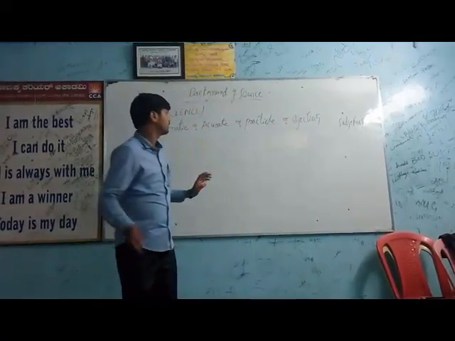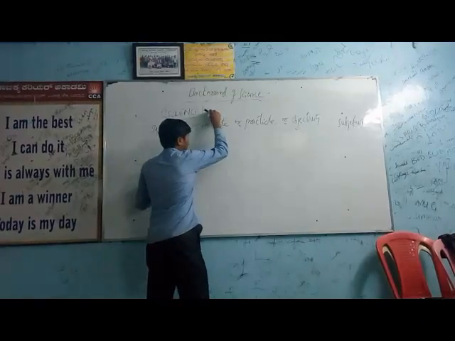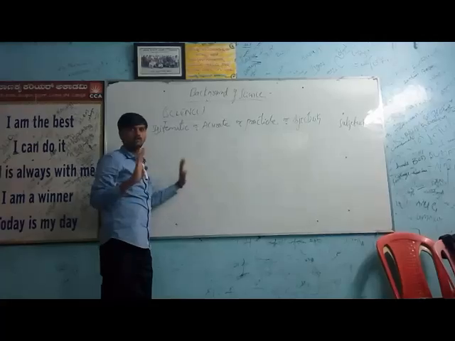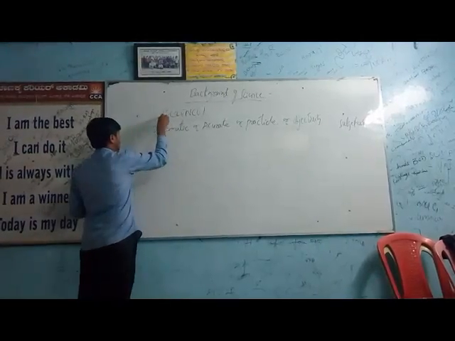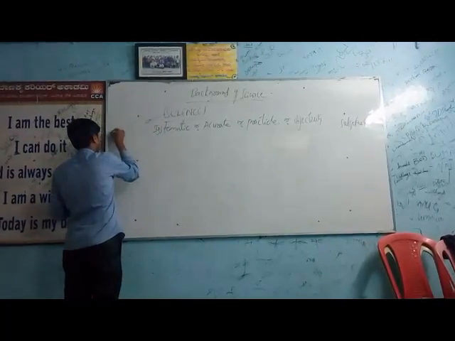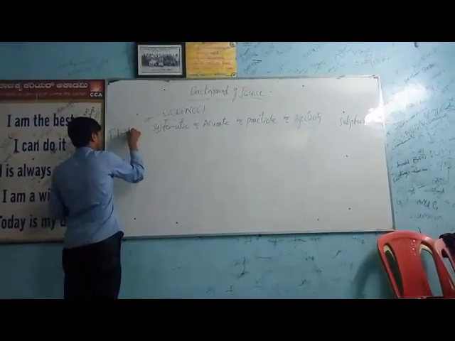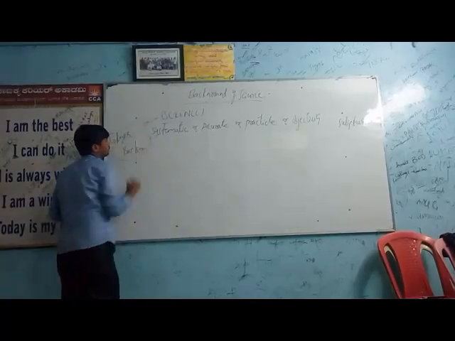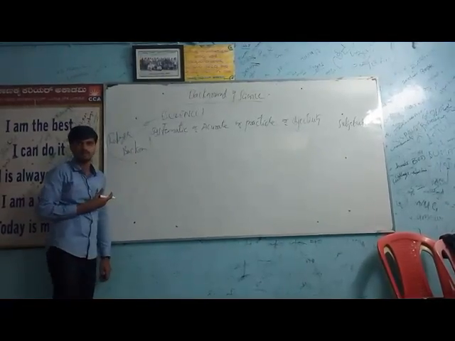Do you agree? So our science is purely based on objectivity, not subjectivity. Then who was the father of science? Roger Bacon was the father of science. You already know about that.